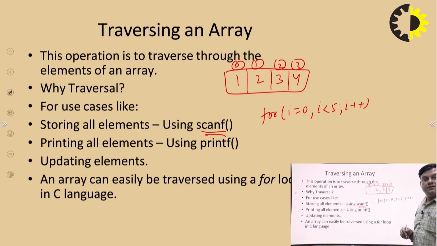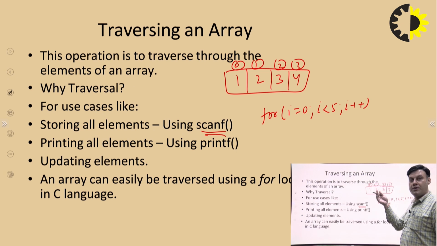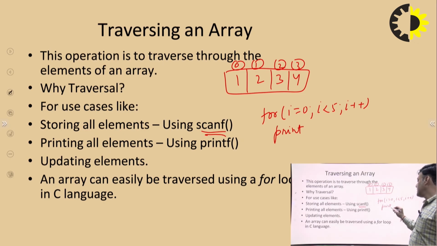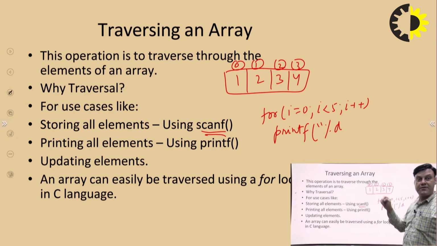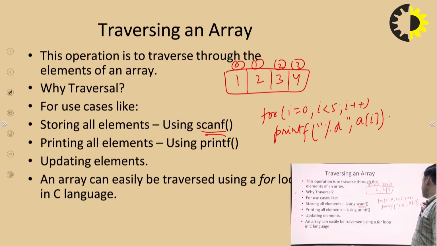So using the for loop, if we want to take input from keyboard, then we will use scanf. Otherwise, if we want to print the given array, then within that loop we can use printf. We have integer type elements, %ld, then a[i], like this we can print, right?